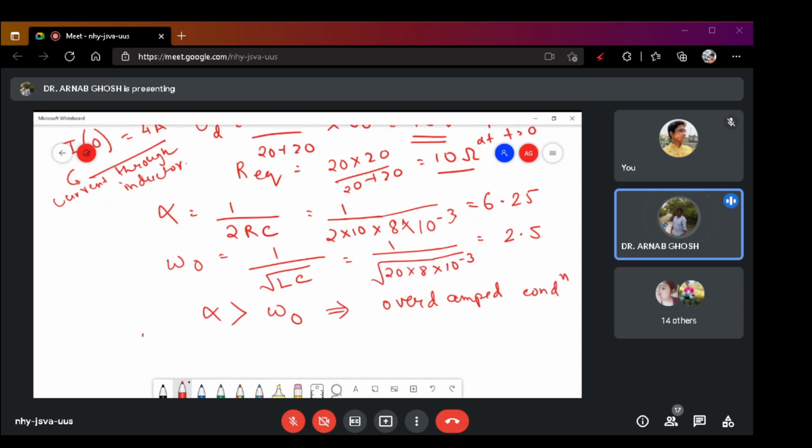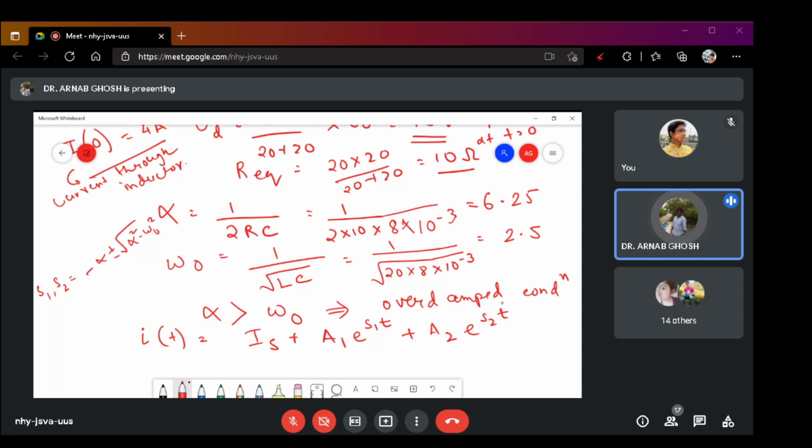Clear? What is the general formula of i(t)? This I have already written: i(t) = I_S plus A1 e to the power S1t plus A2 e to the power S2t. What are S1 and S2? S1, S2 is minus alpha plus minus root over alpha square minus omega 0 square.